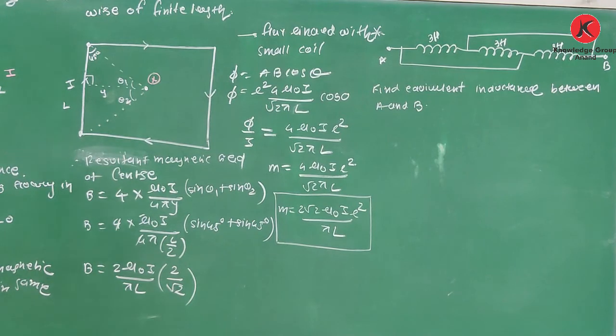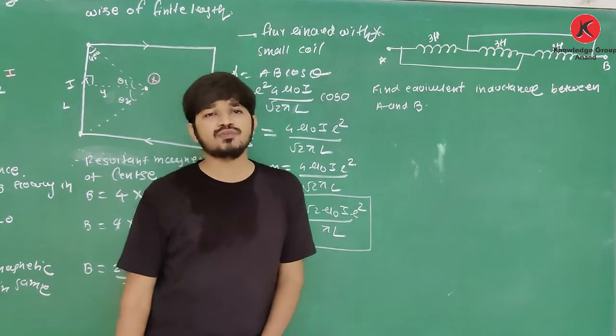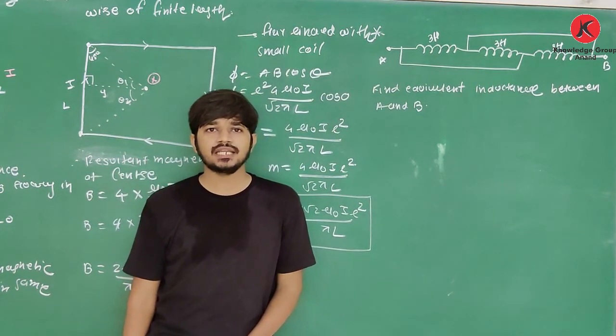You have to find the equivalent inductance between points A and B. Now, in which connection are these inductors?